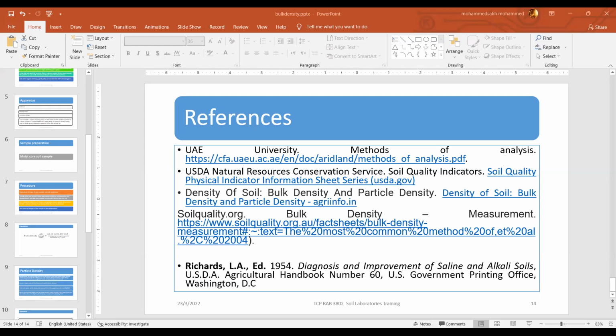But these methodologies try to find ways to determine the volume. The whole procedure is looking for a way to determine the volume. The weight of the mass can be determined very easily, but how to determine the volume, this is the story of these methodologies.